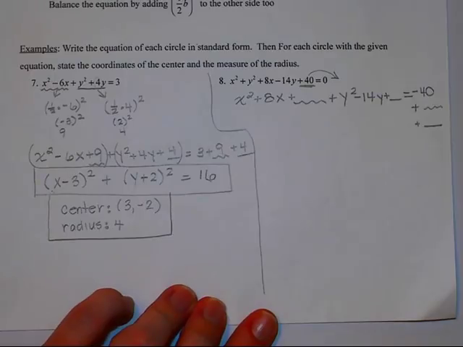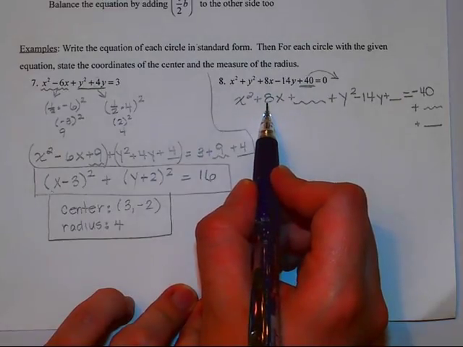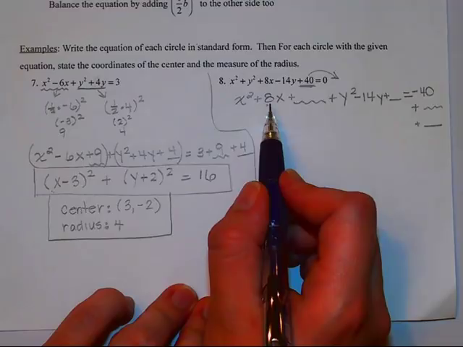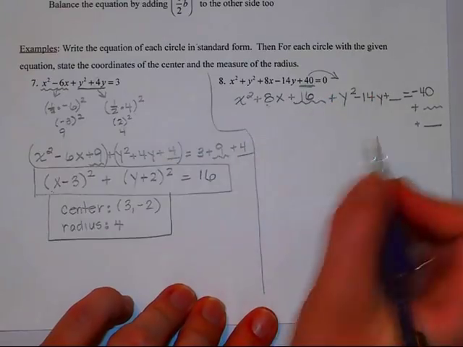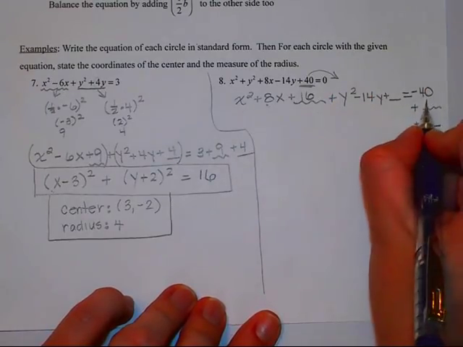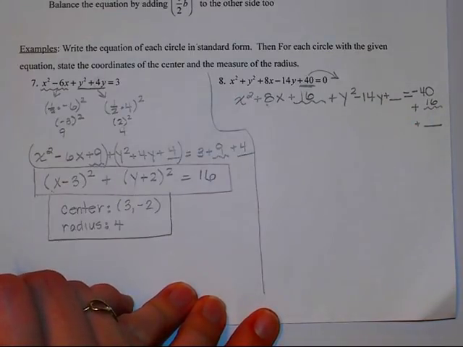To find those numbers, I'm going to focus first on the x terms. So 8 is b, the number attached to x. To complete the square, we find half of that number and square it. So half of 8 is 4, squared is 16. So I'm going to add 16 to the x terms and add it to the other side of the equation to keep the equation balanced.